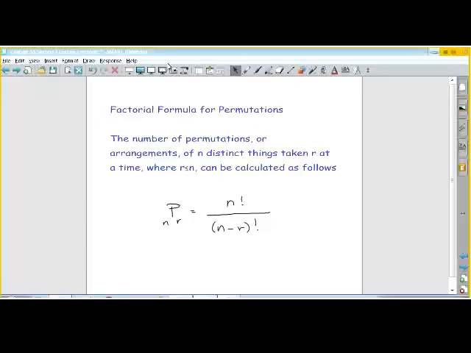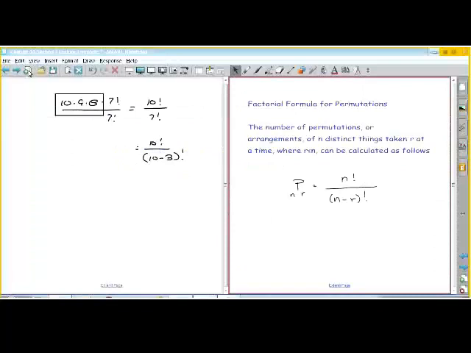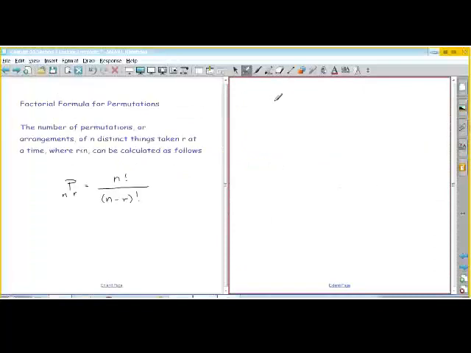So let's write it out here. We're going to put this on 2 pages, and I will say for our previous example, n equals 10, r equals 3. And we'd write it out P, 10 things taken 3 at a time.